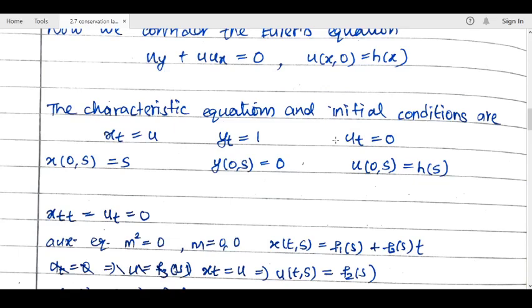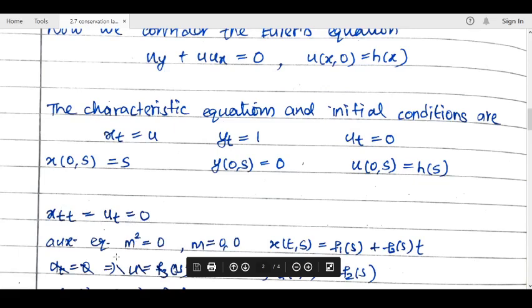Now x_t equal to u, you cannot directly do integration here. So we will differentiate one more time. This becomes x_tt equal to u_t, and u_t is 0. So we have x_tt equal to 0. This is a second order ordinary differential equation with constant coefficients.